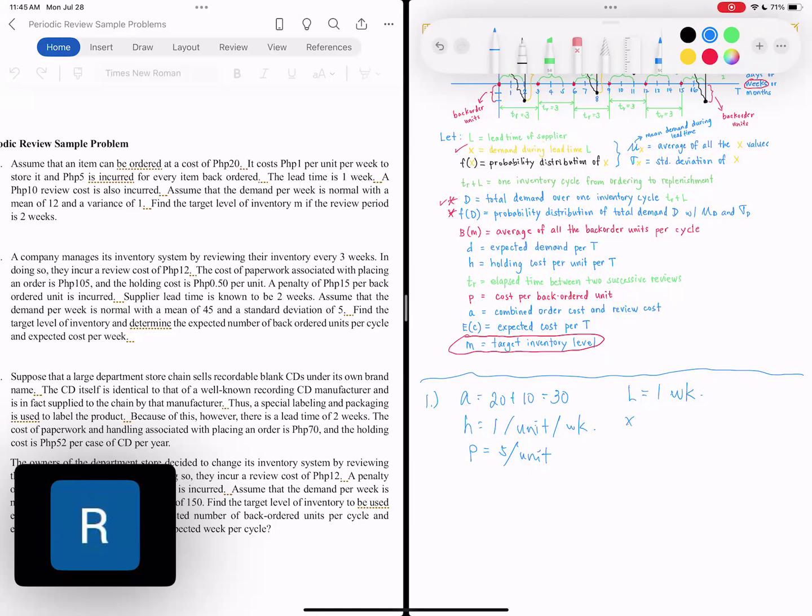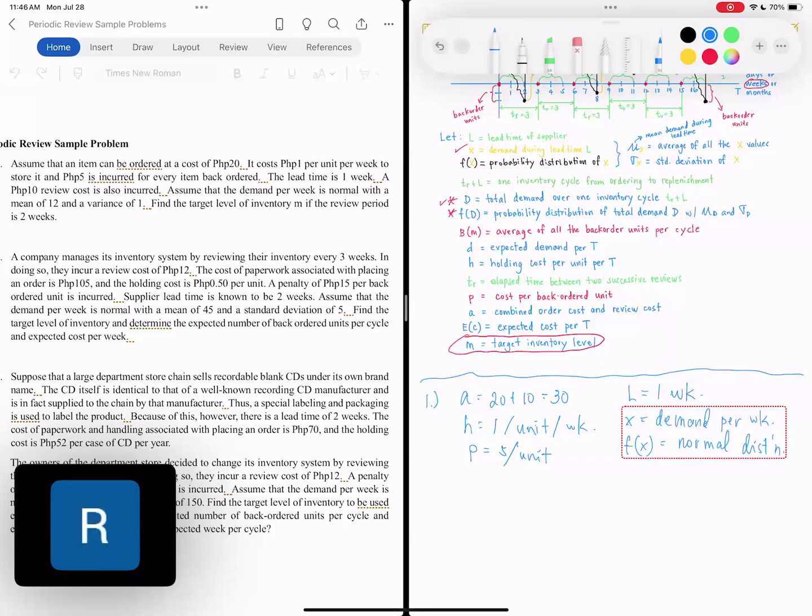So X is the demand per week in this problem because lead time is 1 week. And f of x is said to be normal. Okay, normal distribution. And every time you have a probability distribution, you need to look for the mean and the standard deviation, if given.